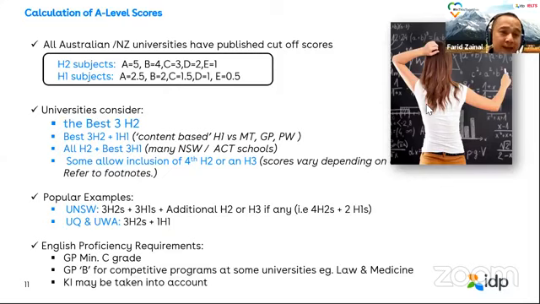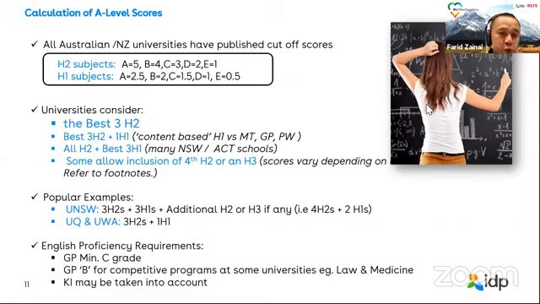For every grade on your H2 subjects, an A grade gives you 5, a B gives 4, and so on. Similarly for the H1 subjects, an A gives you 2.5, a B gives 2, and so on. You will notice that it is just half of the H2 subjects.